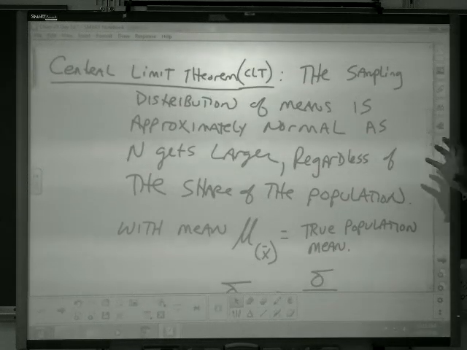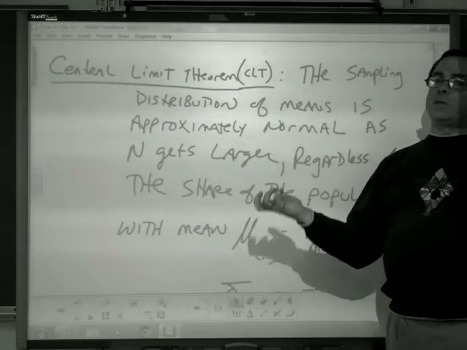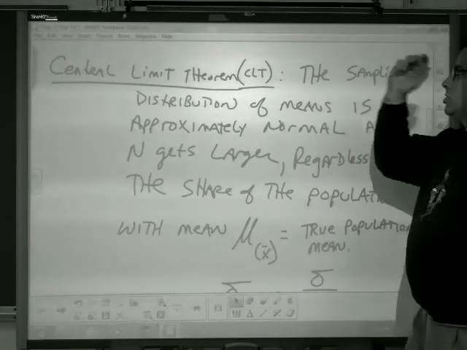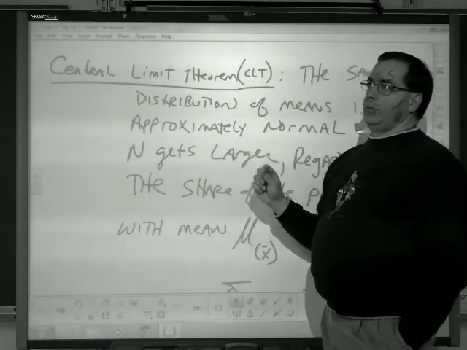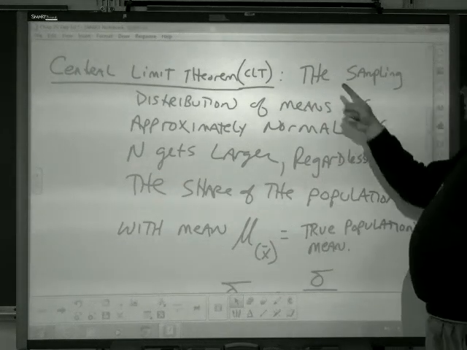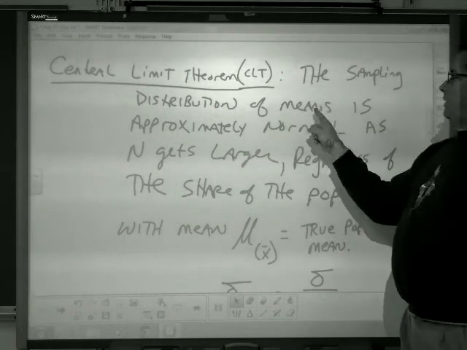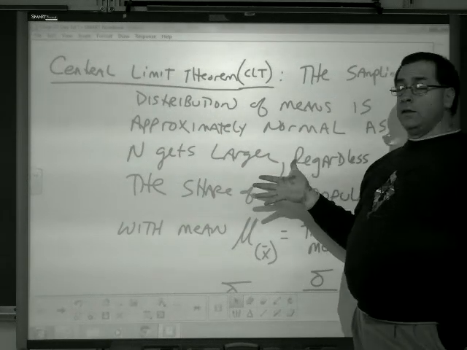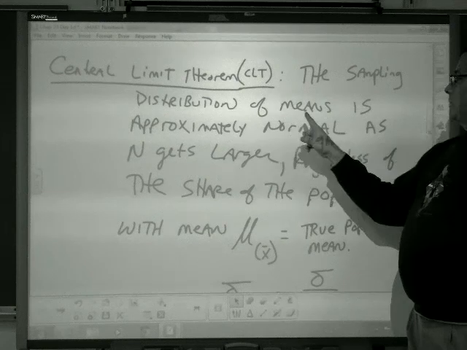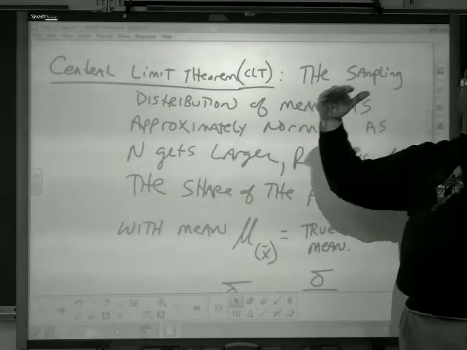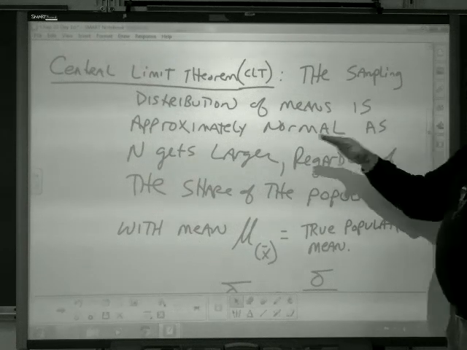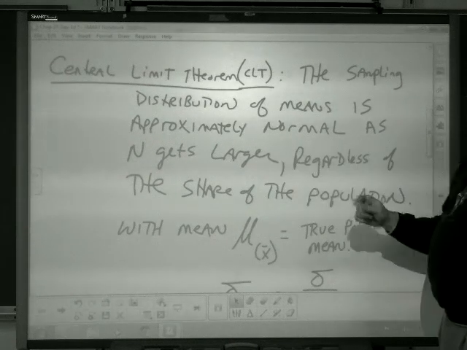The big stats theorem that you saw in action is called central limit theorem, or CLT. And this is what it says. The sampling distribution of means, so the graphs that we just made today, is approximately normal as n gets larger. You notice as we went from 5 to 10 to 25, it started getting more and more normal looking, okay?